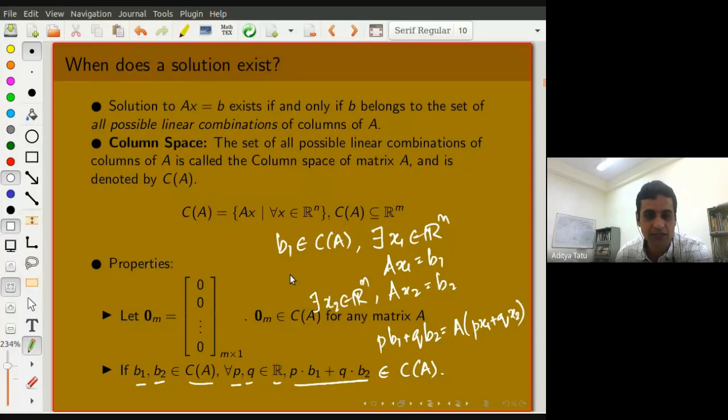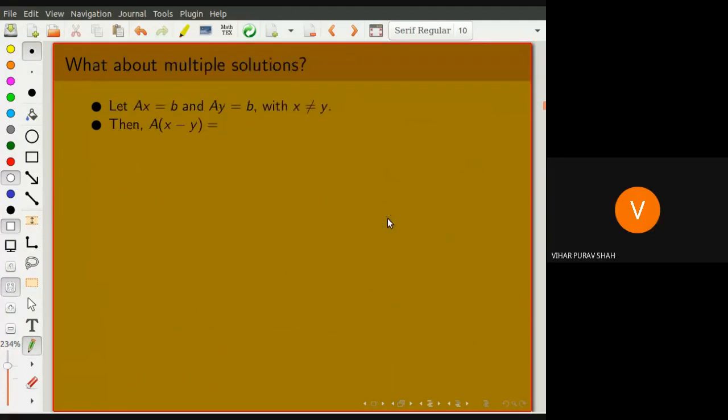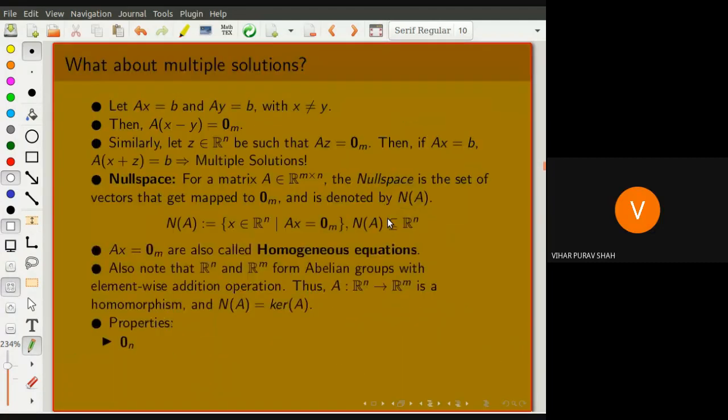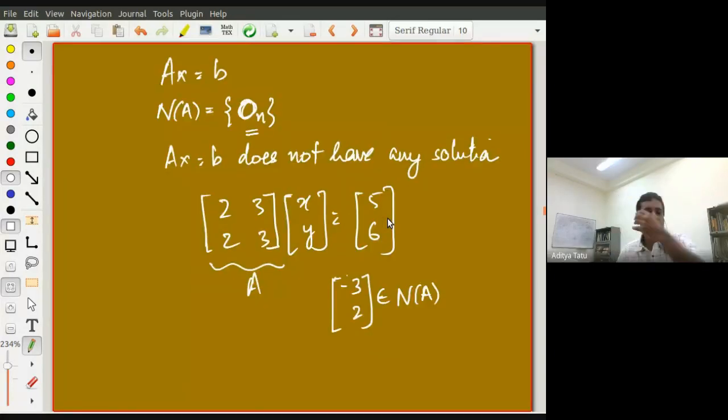In all the examples that we took, A has always been square, so that is why I was asking. That's fine, but that is what I said in the last class, that we are generalizing.